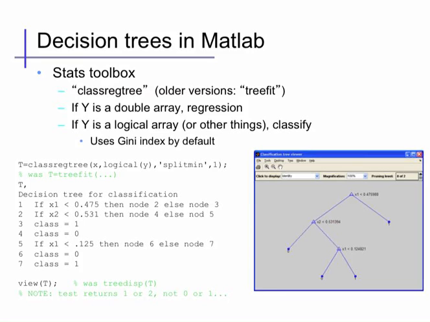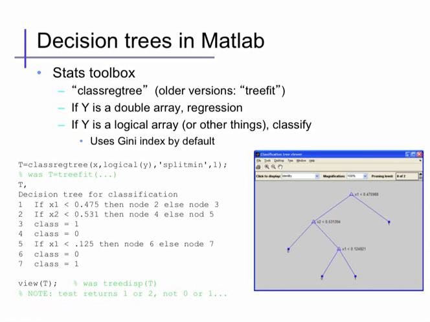MATLAB has a few functions built in to do decision trees. The decision tree functions are in the stats toolbox these days in a function called classregtree. If you have an old version of MATLAB, there used to be a standalone function called treefit that can do it. And these decision trees can do both regression or classification, and the way they decide which you want to do is by the type of the variable y.